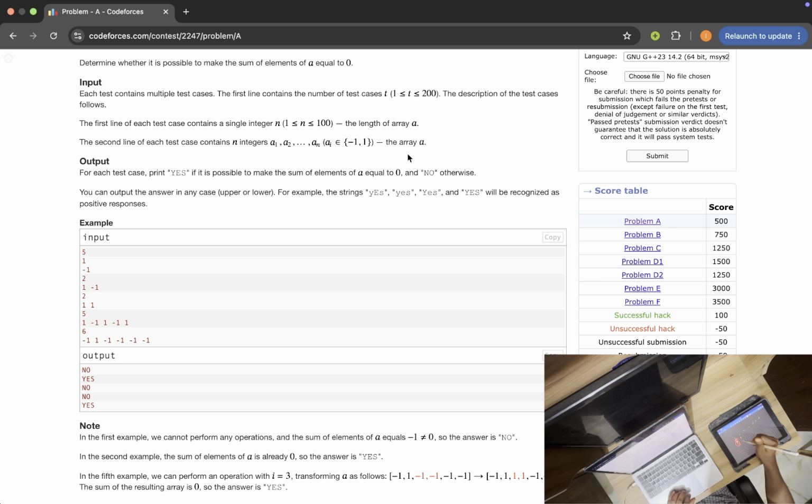This one depends on X. The values are only 100. I can do some brute force on that.